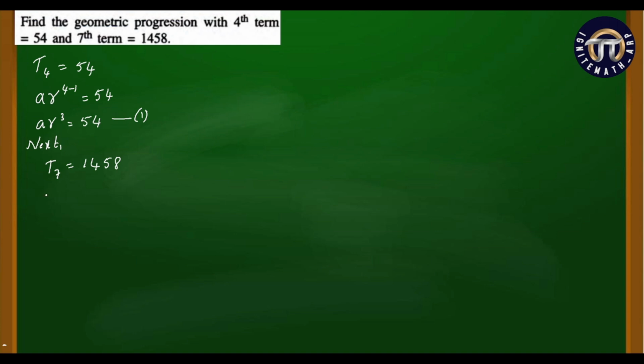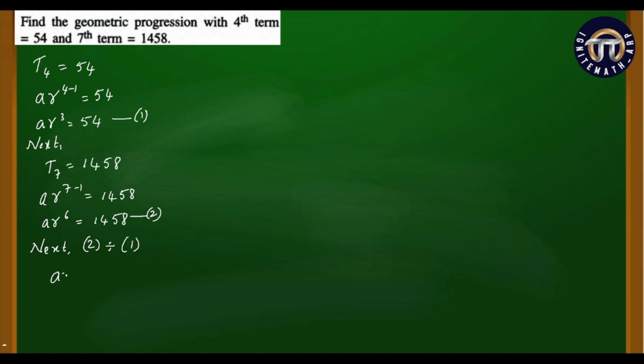Seventh term can be written as A into R to the power of 7 minus 1 is equal to 1458. So that is A R to the power of 6 is equal to 1458. I can call this as equation 2. So next what I am going to do, I am going to divide equation 2 by equation 1.